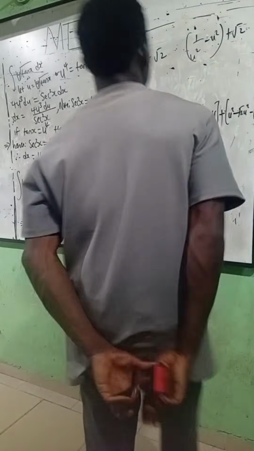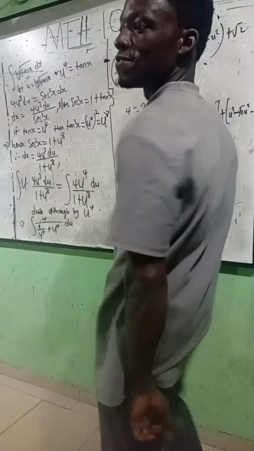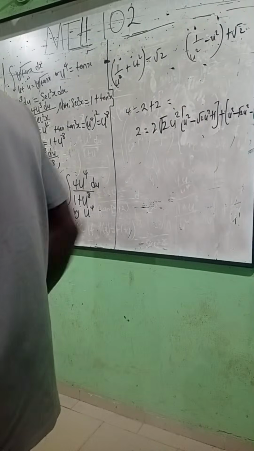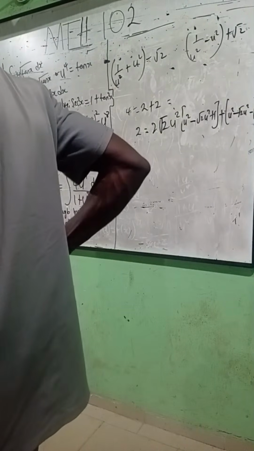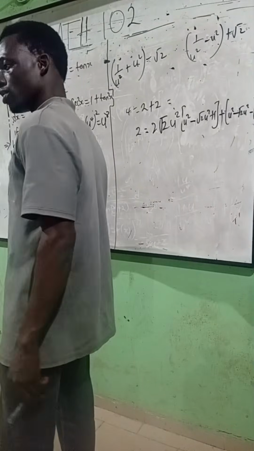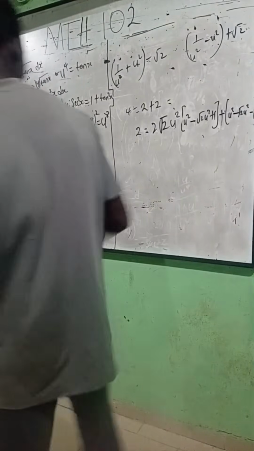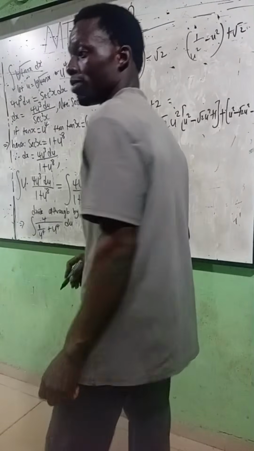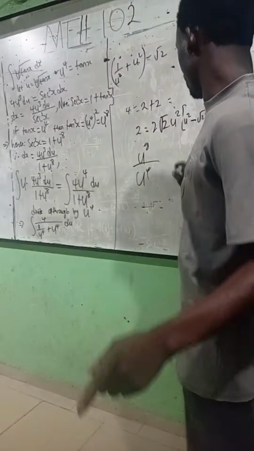Can we proceed? Before we proceed, so you ask me that. Which one? Which denominator? Say this one. U raised power 8 over u raised power 4. That should be u raised power 2. I hope you are watching.